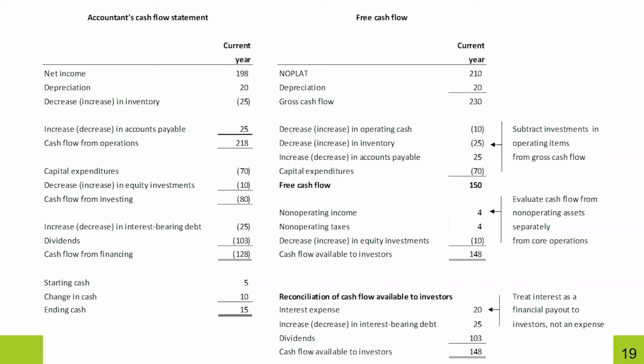And free cash flow is all the money that's left over after the firm has generated revenue, paid all of its operating costs, and all of its operating taxes. That's NOPLAT. Then we add back any non-cash expense like depreciation or amortization, and we get what's called gross cash flow. So this is all the money that's left over after the firm has depreciated its assets, but also paid all its operating expenses. Okay?